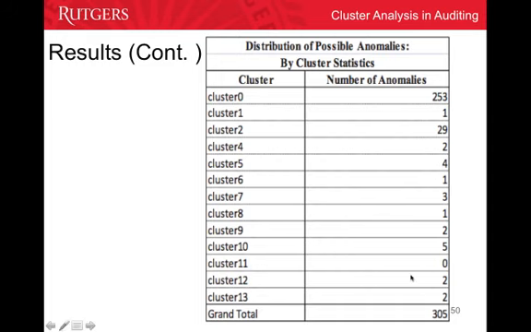It's understandable that a larger cluster will naturally yield many possible anomalies. On the other hand, even though some clusters are very small, there can also be possible anomalies present. For example, cluster 1, cluster 4, cluster 7, cluster 12, and 13.